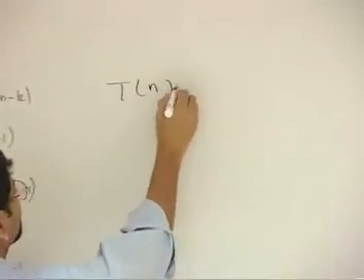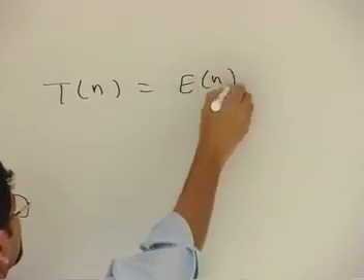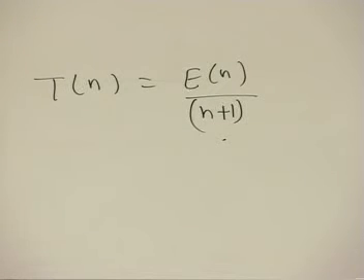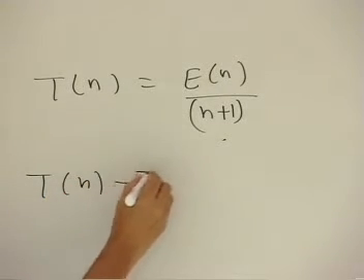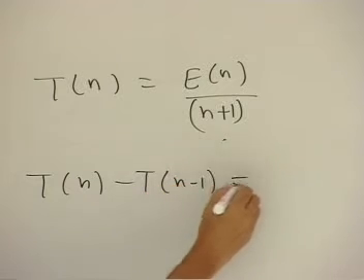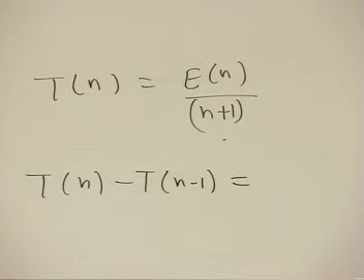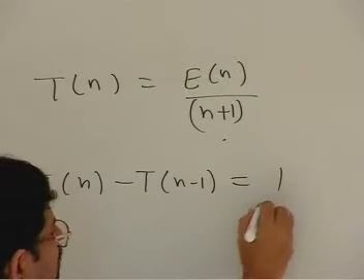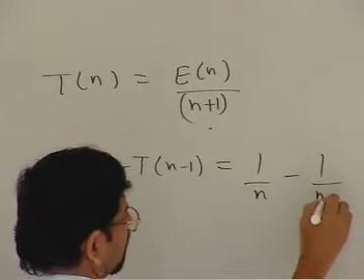Let T of n equal to E_n by n plus 1. So, what you see here is nothing but T_n minus T_{n-1} equal to 1 by n into n plus 1. Well, 1 by n into n plus 1 can be written as 1 by n minus 1 by n plus 1.